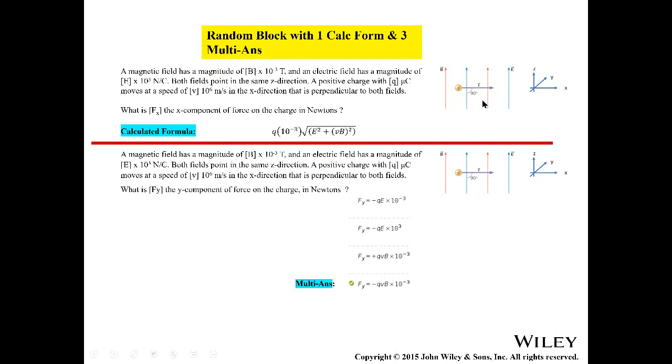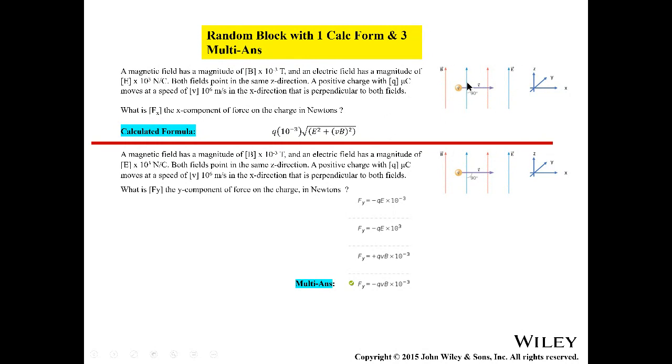That it is Q V vector cross B vector. And when you take V cross B, you will know that V cross B is out of the board. And the electric force is in the Z direction. Do you see what I'm doing here? The electric field will give you a force which is in the Z direction, because this guy is positive charge. And V cross B is out of the board.